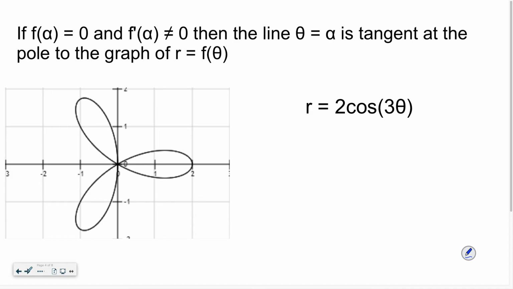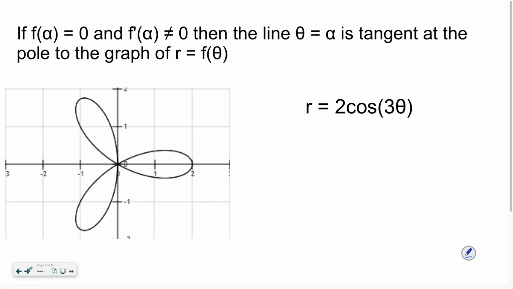Okay, now here we're going to talk about the derivative of r, so dr d theta. Dr d theta, just before you even read or write. That is describing what?